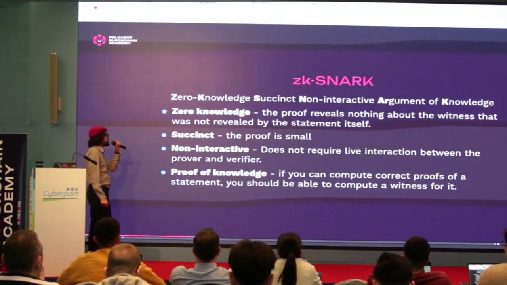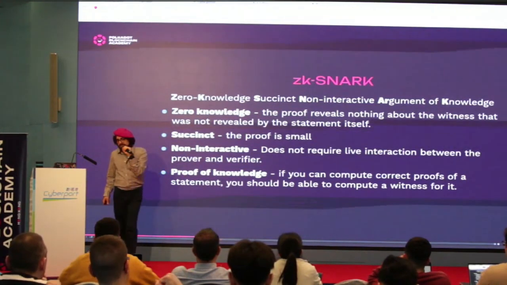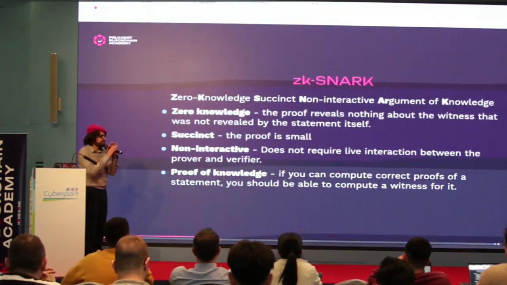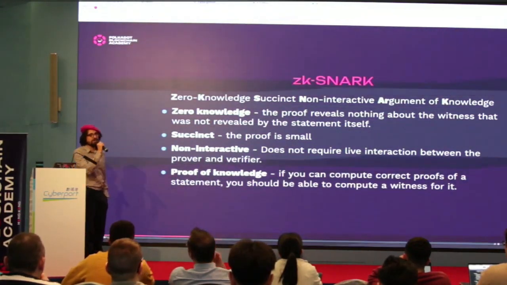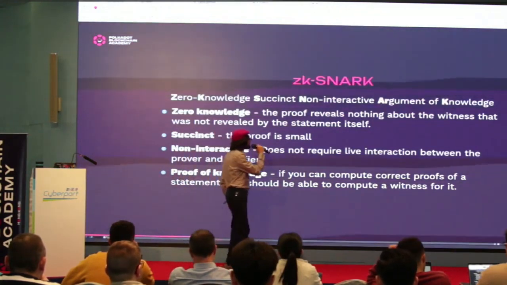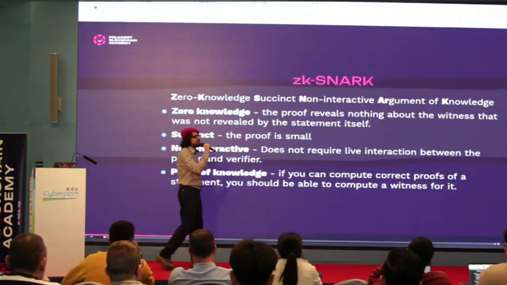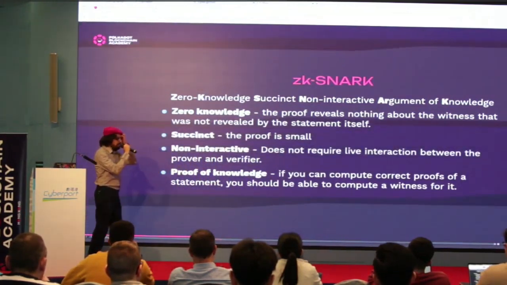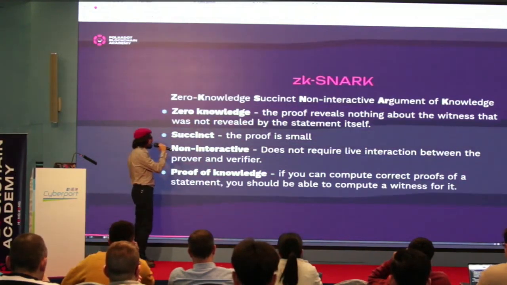There's a big thing here that general ZK proofs don't have, which is succinctness. They should be much, much smaller than the input and the statement. The problem here is that the inputs will become very big and impractical in current applications.